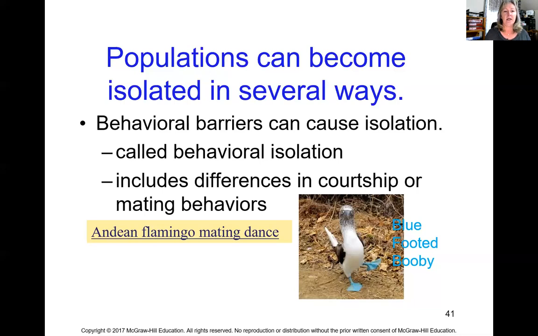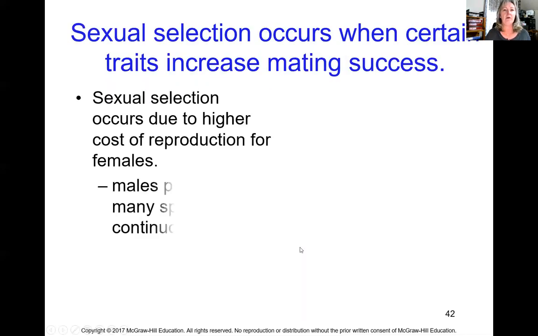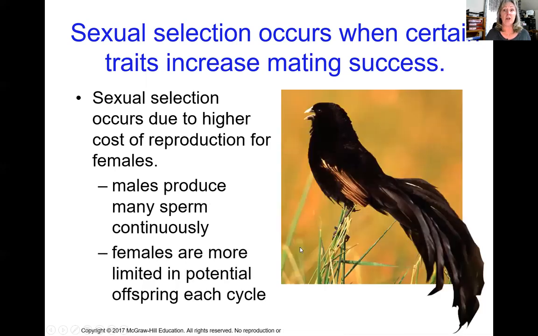When you see these courtship behaviors, it's because there are some reproductive pressures on the female. It's going to cost the female something to reproduce. So if you have plenty of food, plenty of space, plenty of everything, you don't have to compete for a mate.